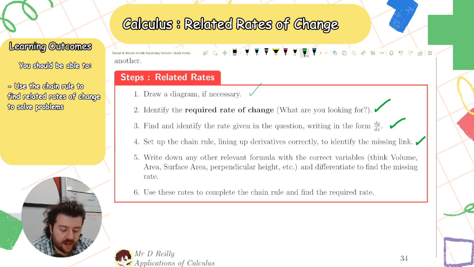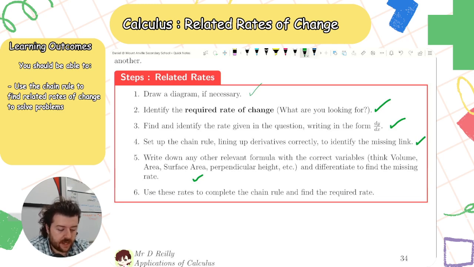Then write down any other relevant formula with the correct variables, like volume, area, surface area, perpendicular height, etc. Then you differentiate that to find the missing rate, or you can use these rates to complete the chain rule to find the required rate.